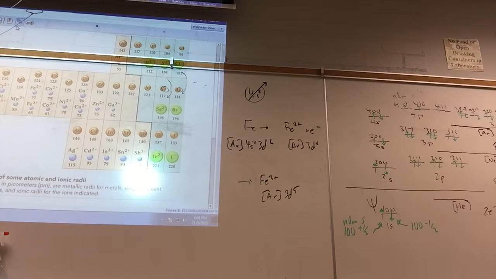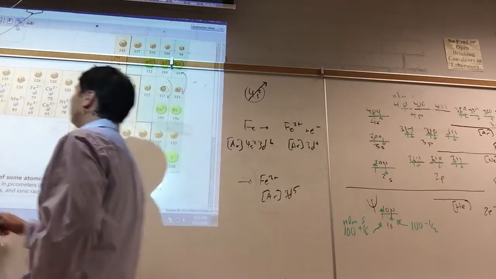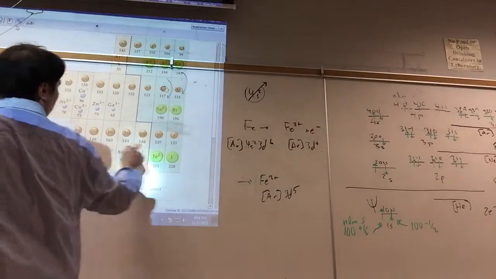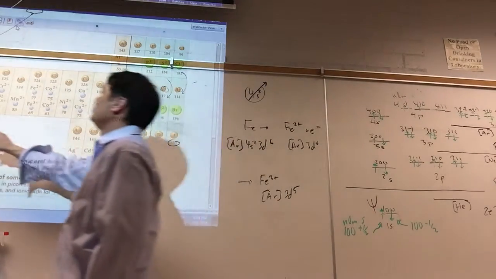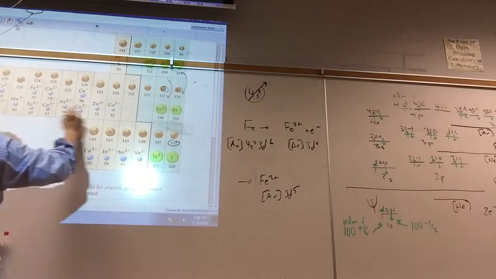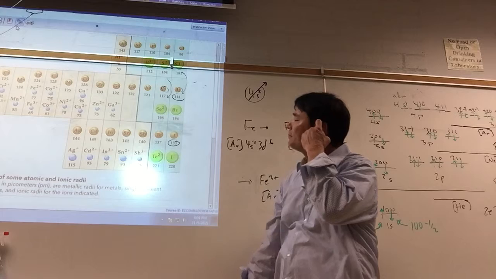And so the biggest atom is going to be about 600 picometers. Cesium ion would be about 300 picometers, right? And then it shrinks down over here from 248 down to 133, so it gets cut in about half. From 227 to about 114, so it gets cut in half as we go across.